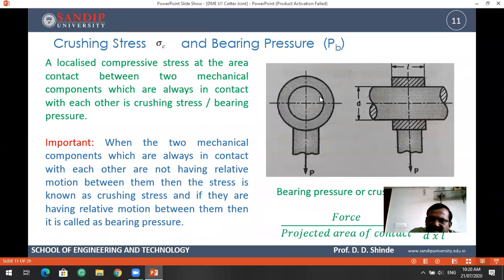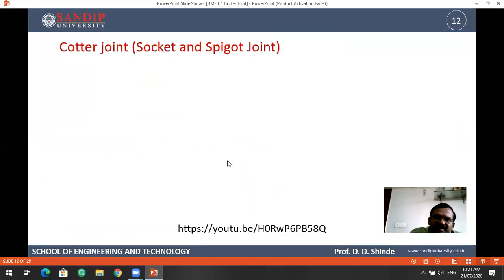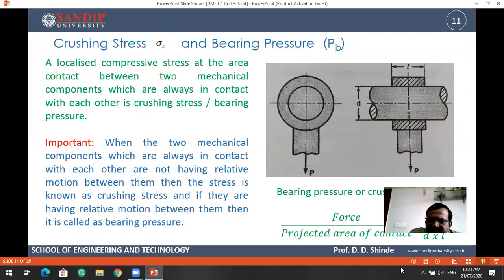So if this rod and the housing are stationary, then compressive stress will be created here. It will crush on each other, so that is called crushing stress. But if there is movement given to this, then it is called bearing pressure. So this is all about the different types of stresses.